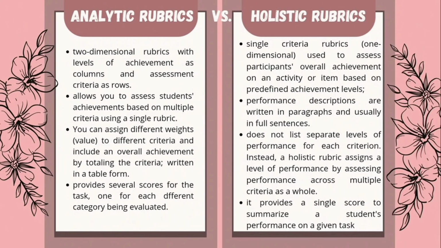So the last comparison for analytic rubrics, it provides several scores for the task, one for each different category being evaluated, while the holistic rubrics provides a single score to summarize a student's performance on a given task. So mauna ang kalahian sa analytic rubrics versus the holistic rubrics.